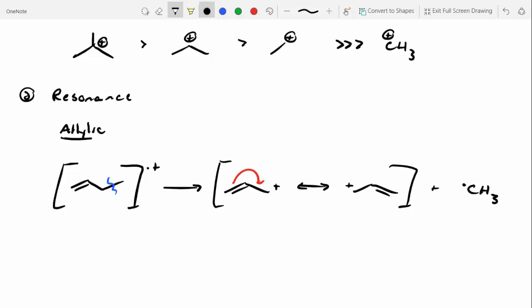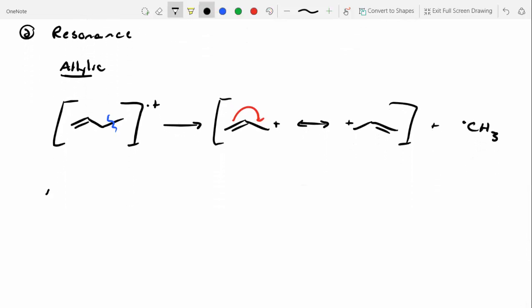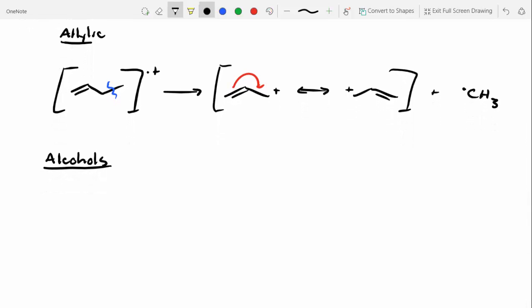Can we see the methyl radical on mass spec? Why not? There's no charge. However, this allyl cation shows up very intensely because it's very stable. There's also a unique thing where you can see alcohols very intensely. Let's take a look at what's going on with alcohols.